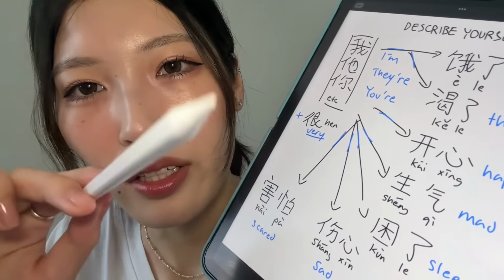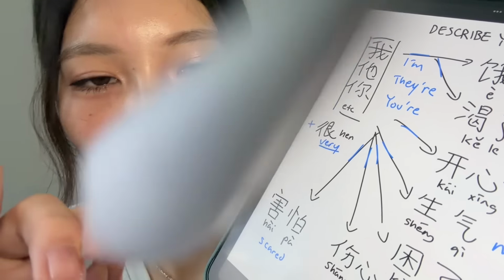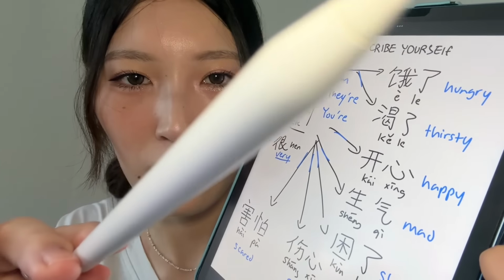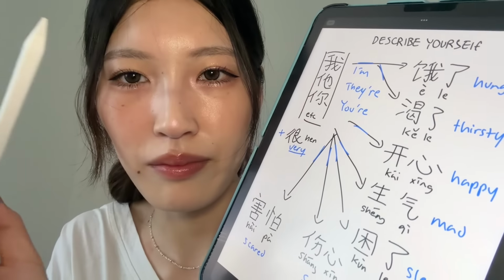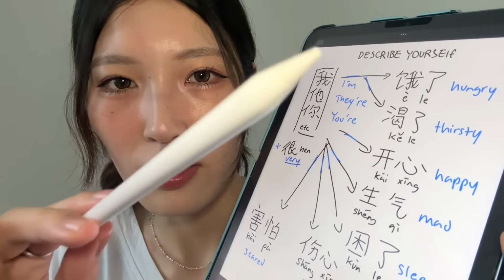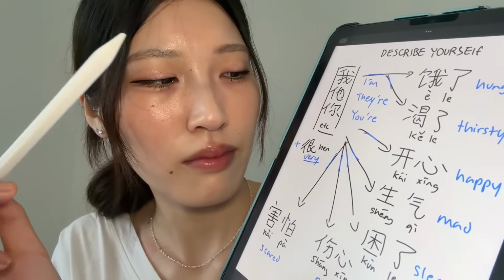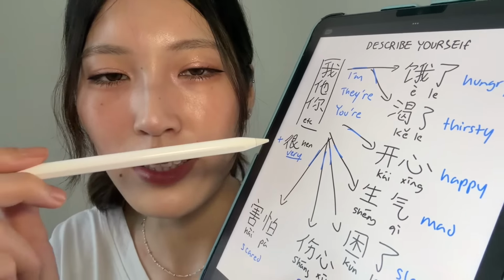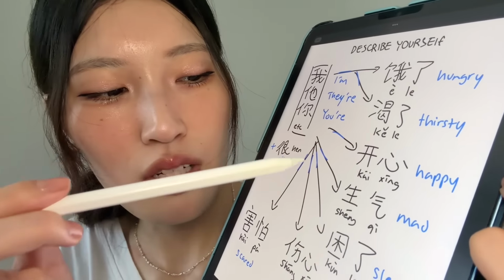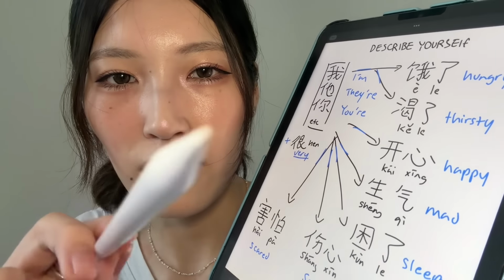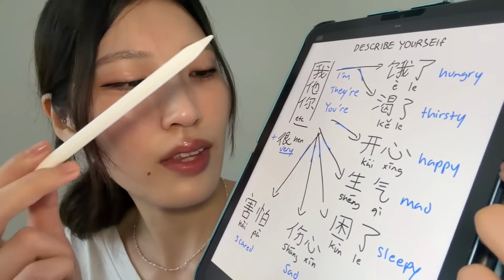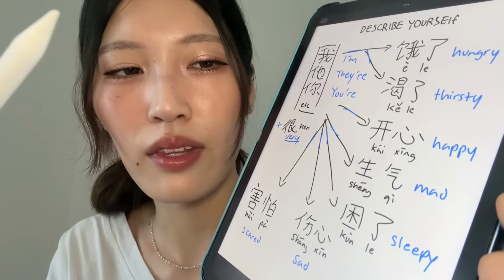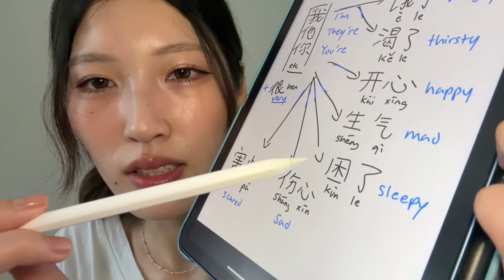So just repeat after me. Okay? So 我饿了. 我渴了. 我开心. 开心. 我生气. 生气. 我困了. 我伤心.